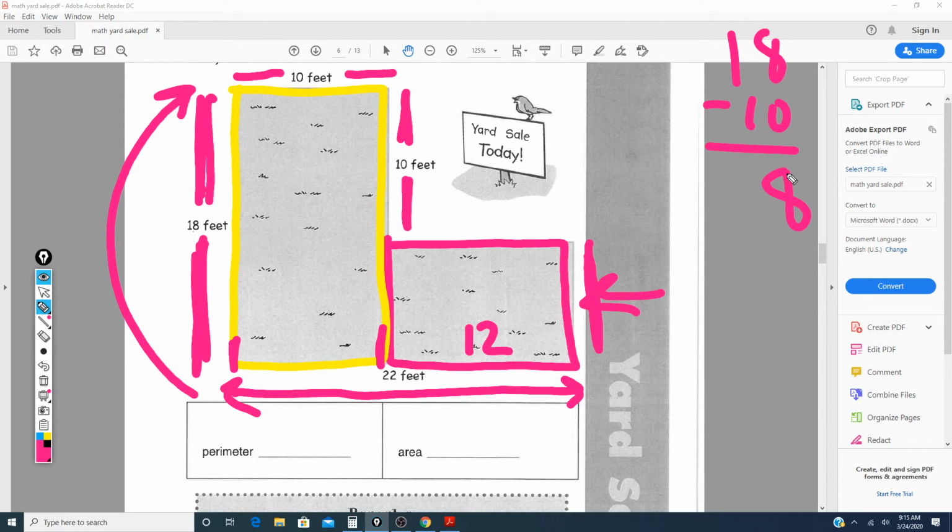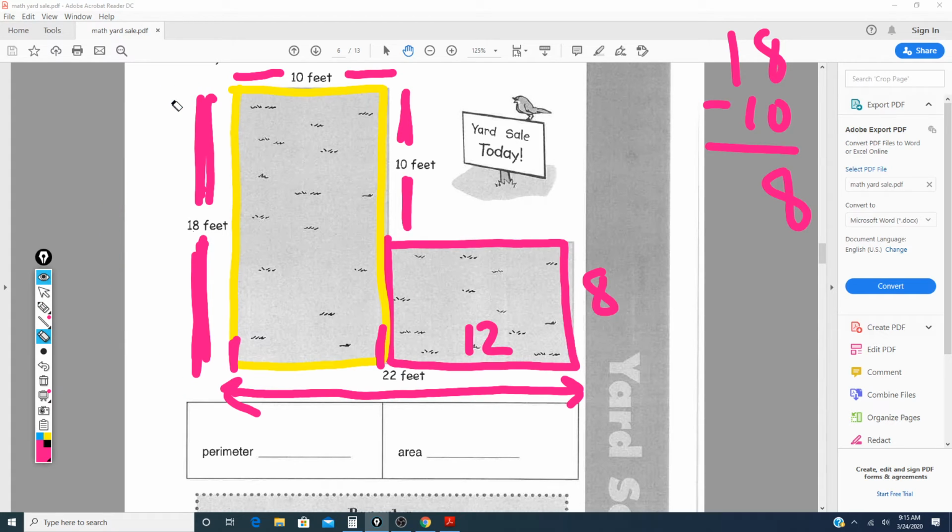So let's make it 12 times 8. With that being said, you should be able to figure the answer to this question.